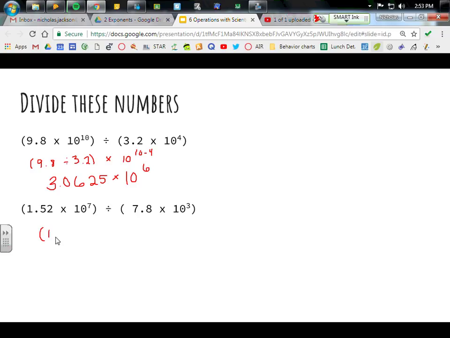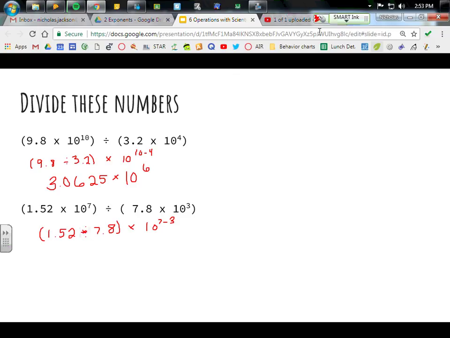So we would be dividing our bases. So 1.52 divided by 7.8 times 10 to the 7 minus 3. Okay, so that should be divide, not multiply.